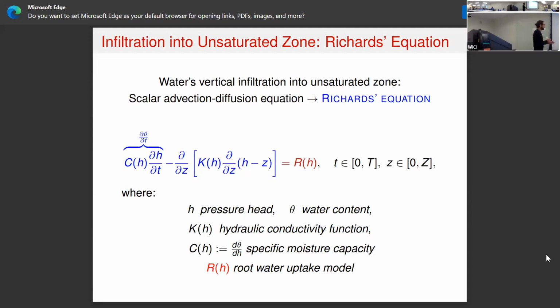And clearly, this describes the crop that we are using. K describes the soil we are focusing on. And as I said, we can consider this Richards equation either in explicit form when we consider the dynamics on h, or in implicit form when we consider the dynamics on theta, on the water content.